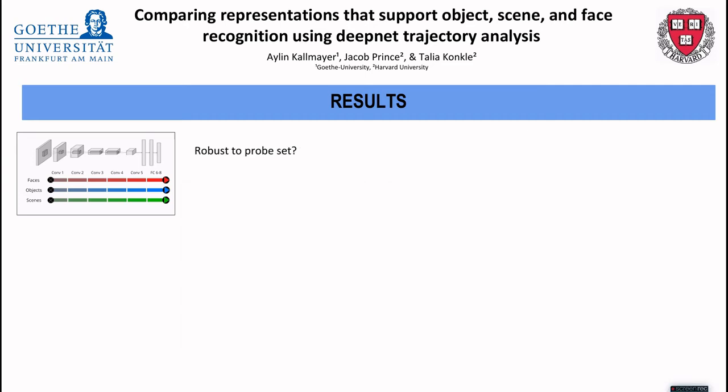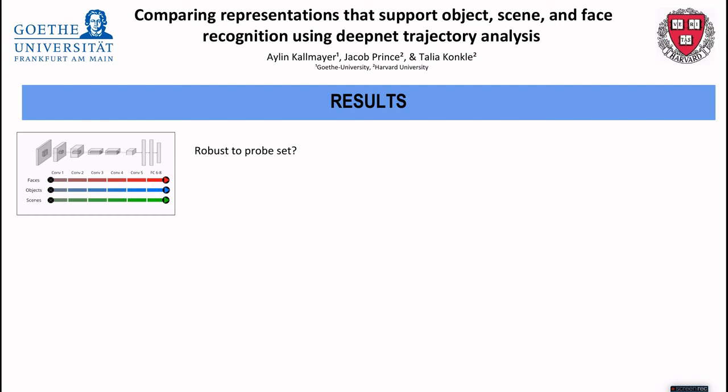We also wanted to see what happens if we change the test set that we use. We originally used the mixed test set to allow the representational geometries for all of the stimulus domains to be able to show through. However, this could also cause weird results because the network trained on objects has never seen faces before.